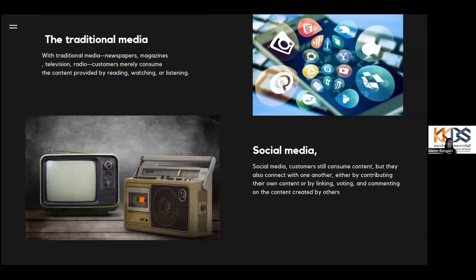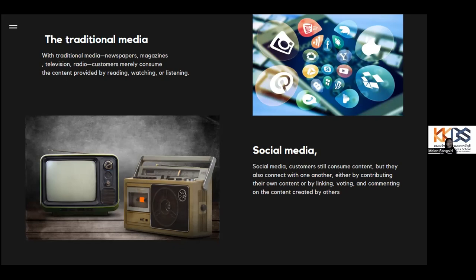So under social media, they have the traditional media and social media. Social media allows users a voice of their own, unlike traditional media such as newspapers, magazines, television, and radio. With traditional media, the customer may consume the content provided by reading, watching, or listening.